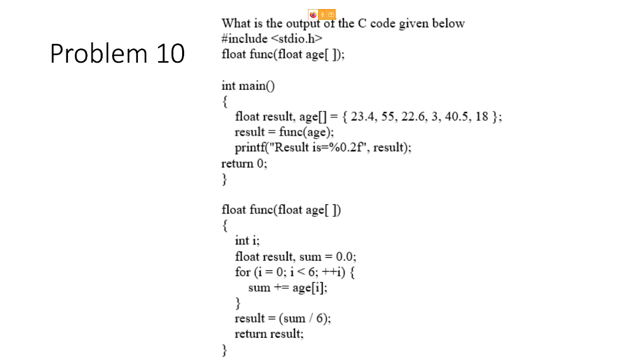Okay, what is it doing? Ma'am, it is basically running a for loop in which it starts adding all these numbers, and lastly it divides by 6. Right. So all of these numbers, 23.4, 55, etc., are added in this for loop, and then it divides by 6, and then it returns the result, which is printed here, and which Vansh correctly answered is 27.08.